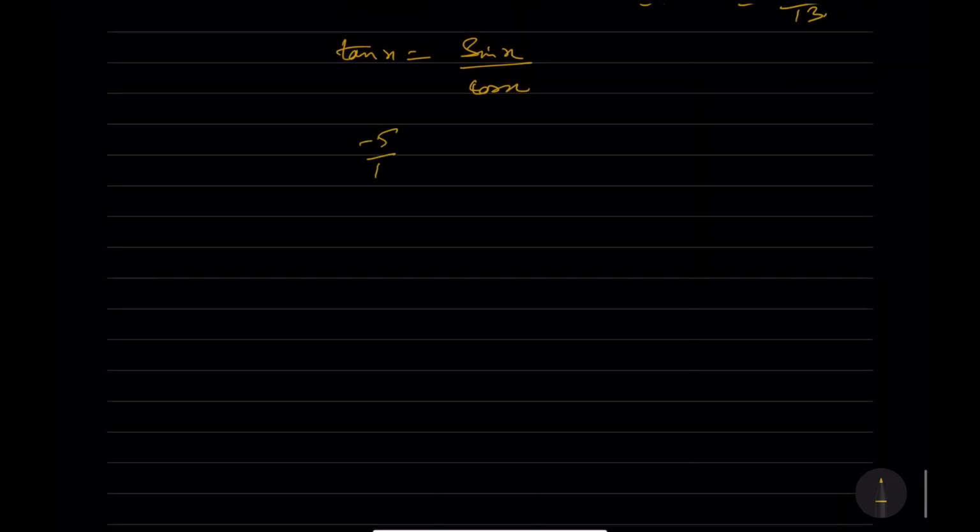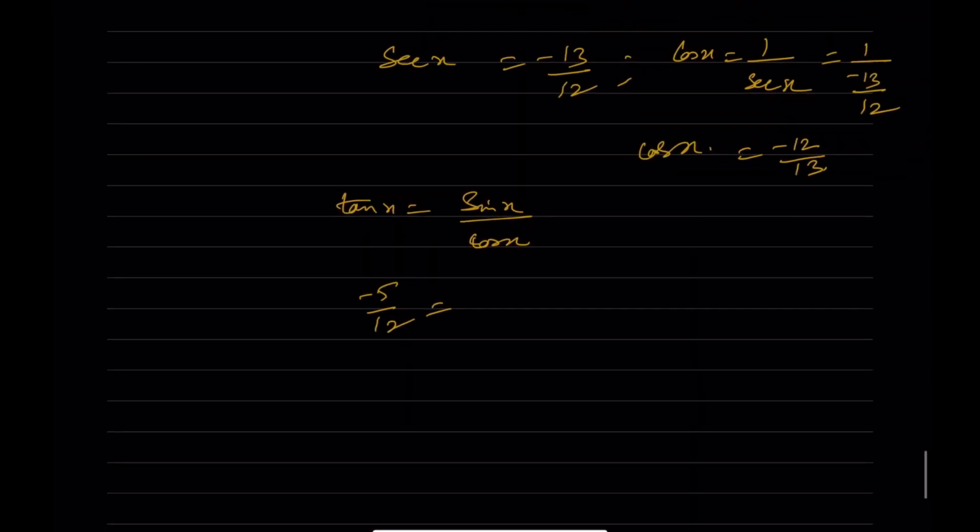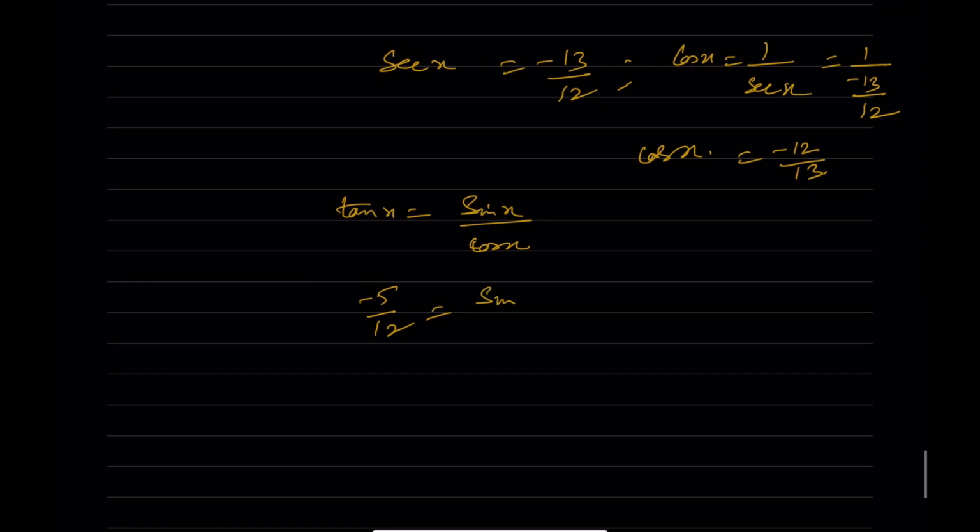So minus 5 by 12 is equal to sin x by minus 12 by 13, which implies that sin x is equal to, you take the denominator across, multiply it the other side, minus 5 by 12 into minus 12 by 13.